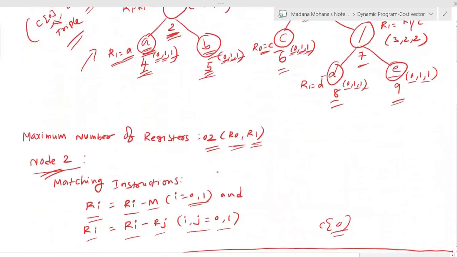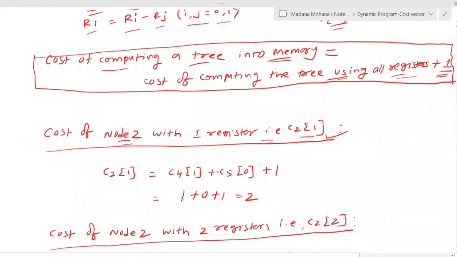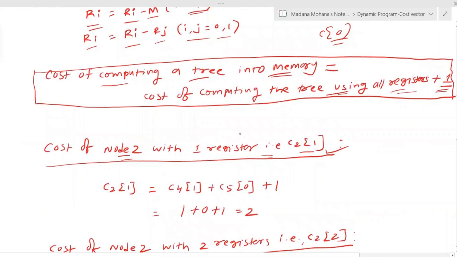Now here you can see how to find this value. So C2 of 1 register combination, the left child C4, then right child C5. So you may consider first, why? Because left side we used R1 equal to A. So 1 register used, C4 of 1 plus C5 of memory. Right side what you are having, B value, that is stored in memory. For this, overall cost 1 needs to be added.